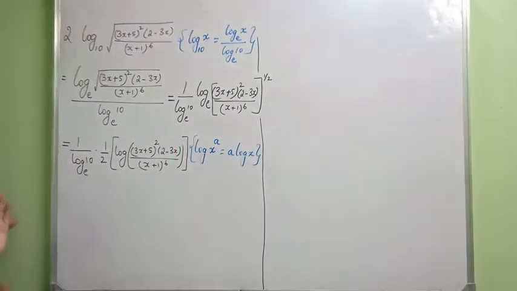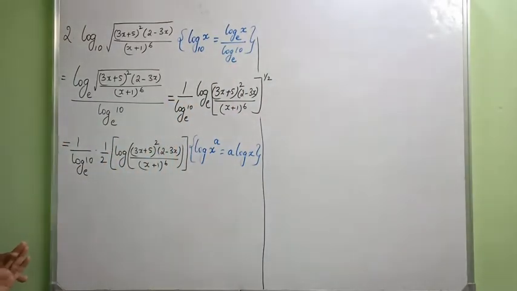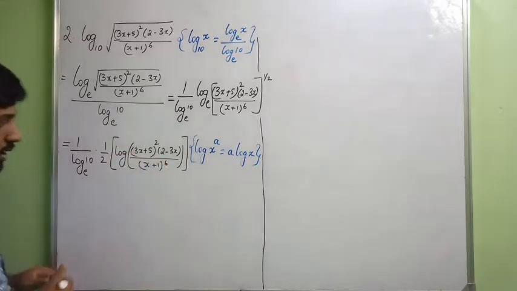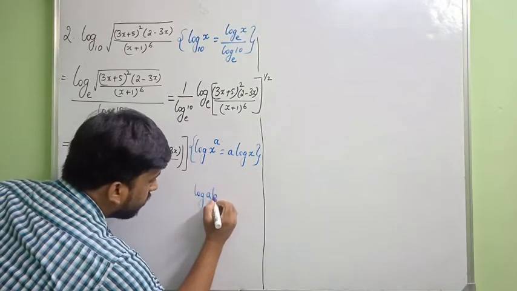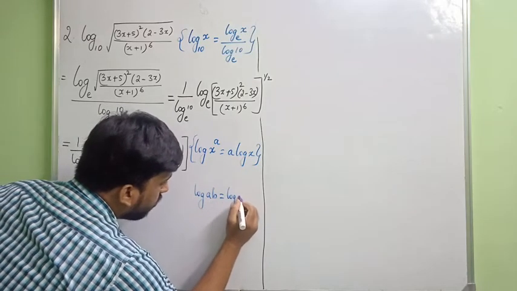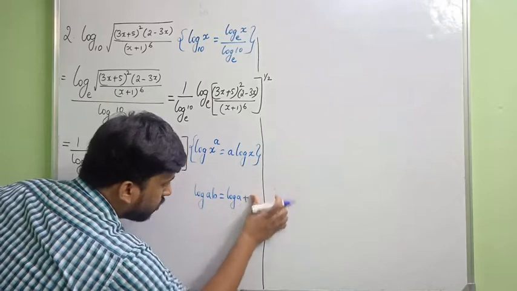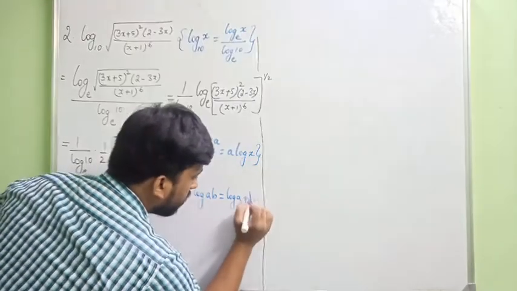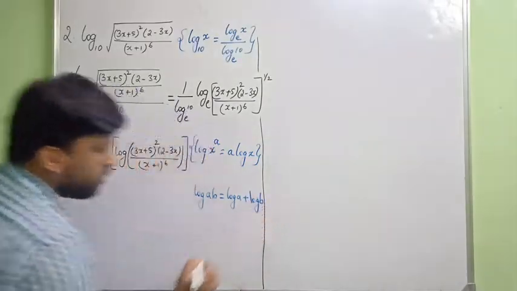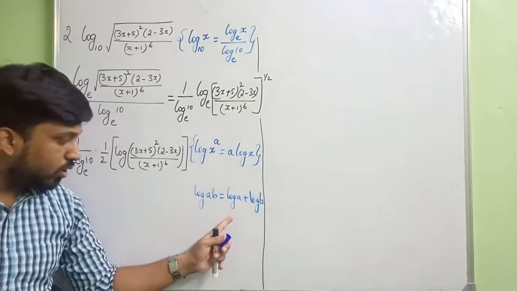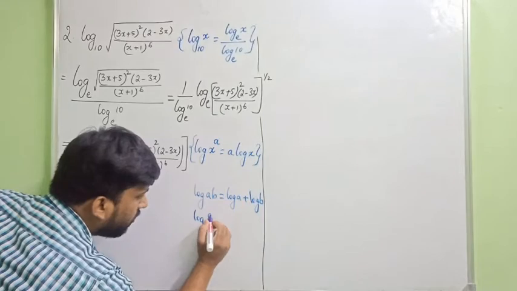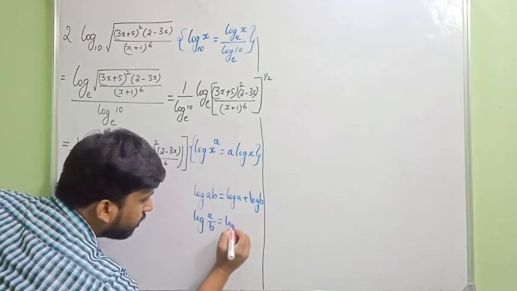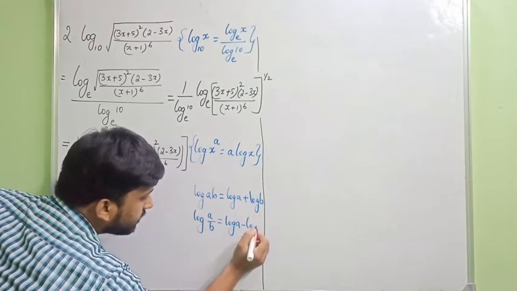I have written that. Now since it is in the form of log, we have the formula. What is log of ab? Log of ab is nothing but log a plus log b, right? Also log of a by b is nothing but log a minus log b.